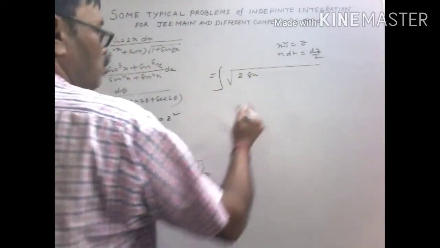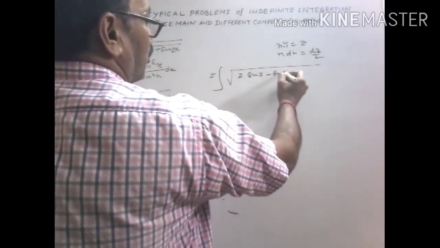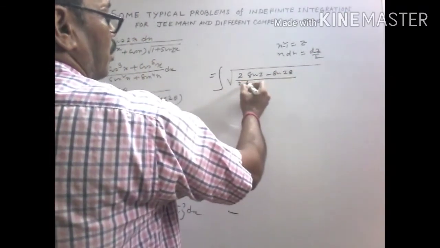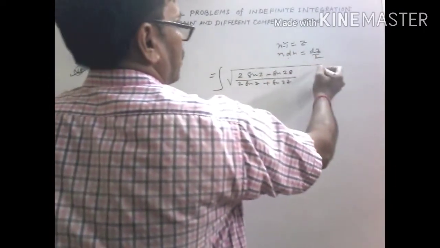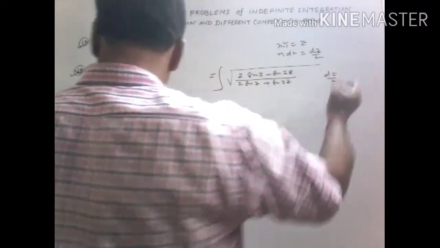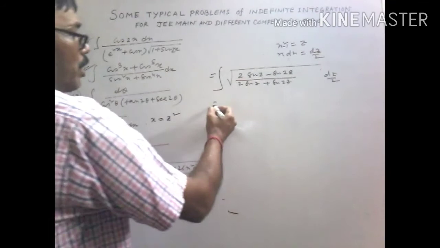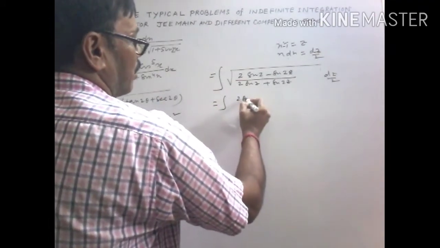Then it will be simple. So 2 sin z minus sin 2z by 2 sin z plus sin 2z, and what is x dx? This is dz by 2.